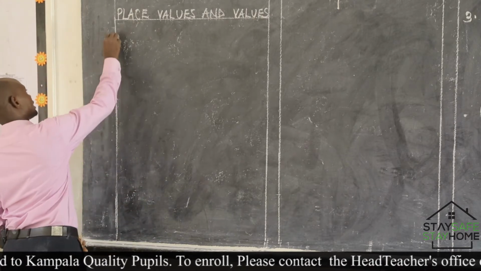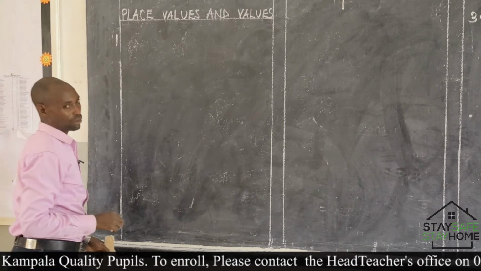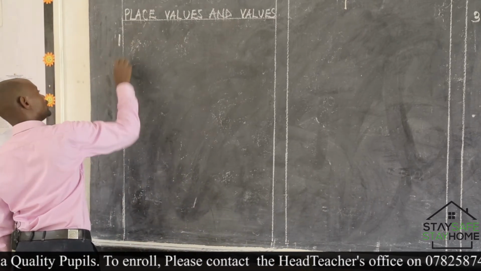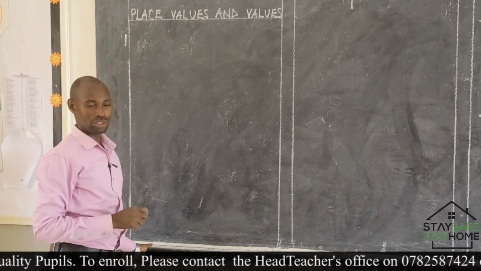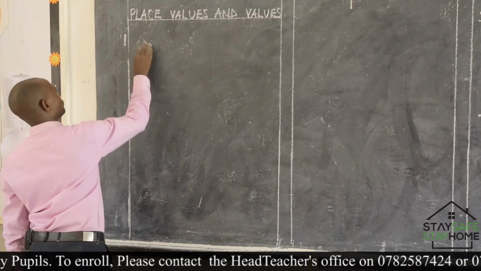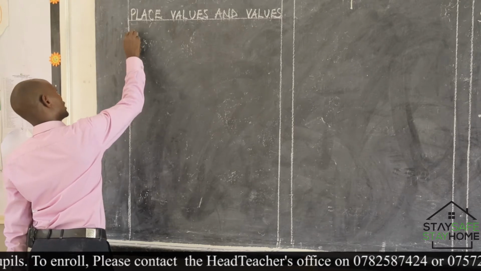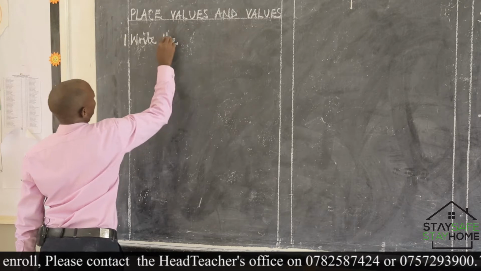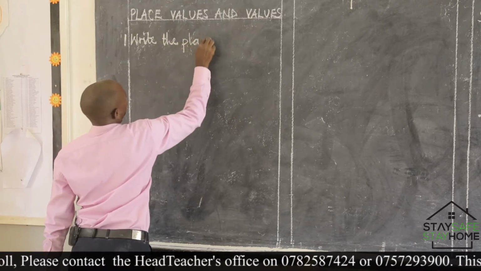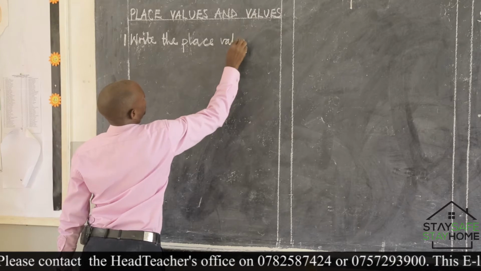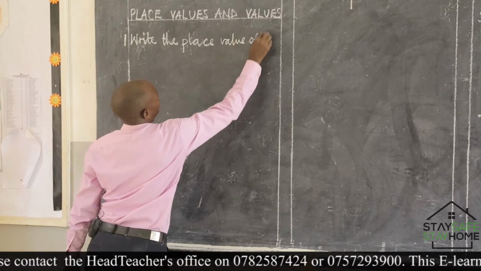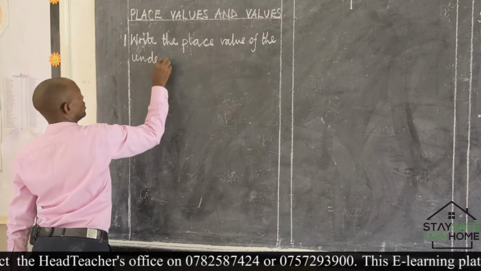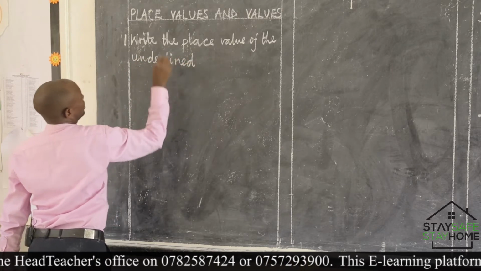In our example number one, we are going to look at how we can identify place values of underlined digits. So write the place value of the underlined digit.